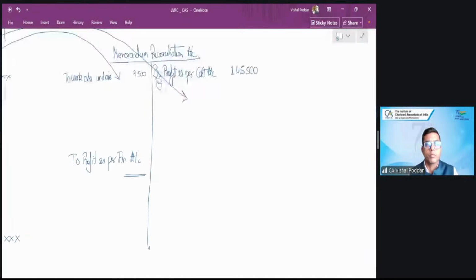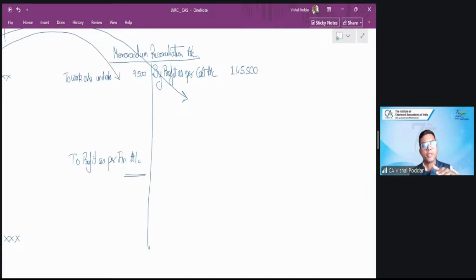Correct? Is the first point clear to all students? So the first difference given is works overheads are under absorbed. Under absorbed means the expenses are higher in financial books, lower in costing books. If they are higher in financial books, the impact is that financial profit is less.